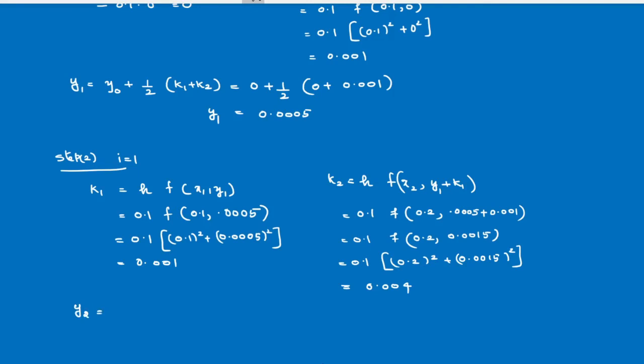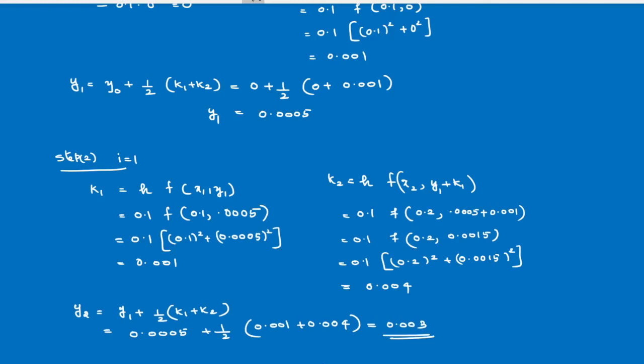Now we have got 0.004, and what is y2? Y2 is y1 plus 1 by 2 into k1 plus k2. Y1 we have calculated as 0.0005 plus 1 by 2 into k1, which is 0.001, plus 0.004. On simplifying, you will get 0.003.